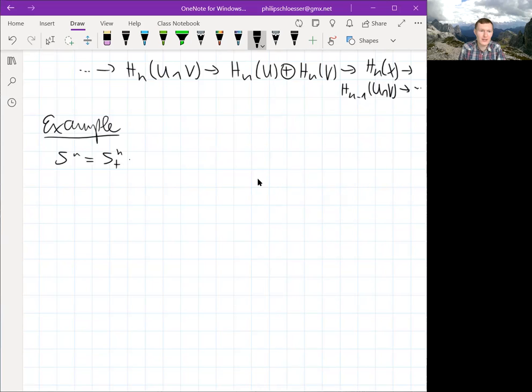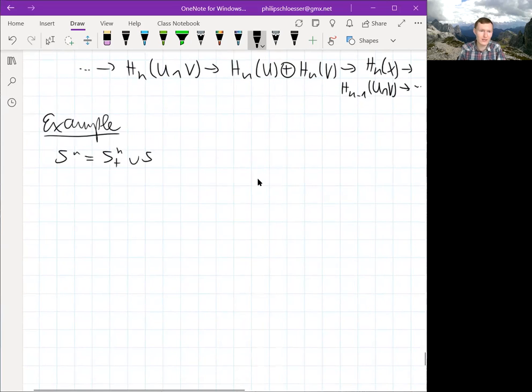We can again write our sphere as the union of the two semispheres, the northern and the southern hemisphere. They are homeomorphic to the disk, and the disk is contractible, so they are homotopy equivalent to just a singleton set.